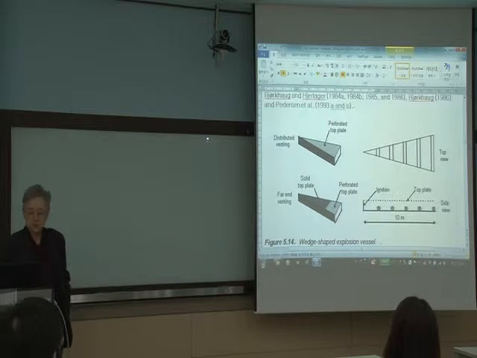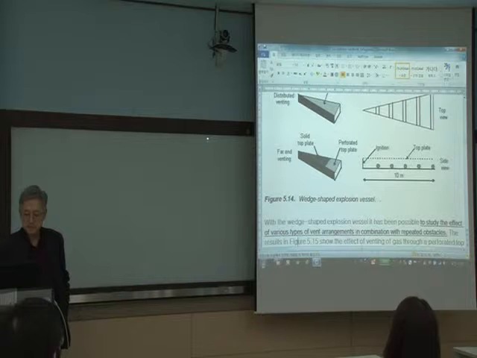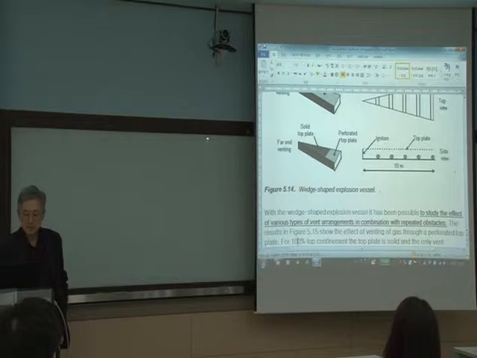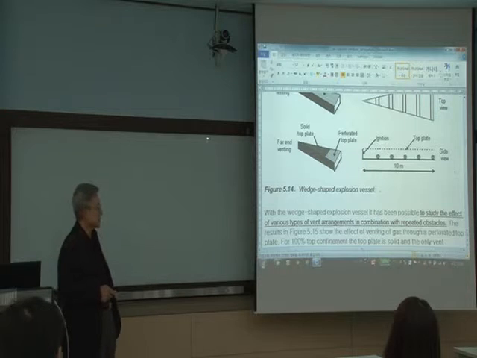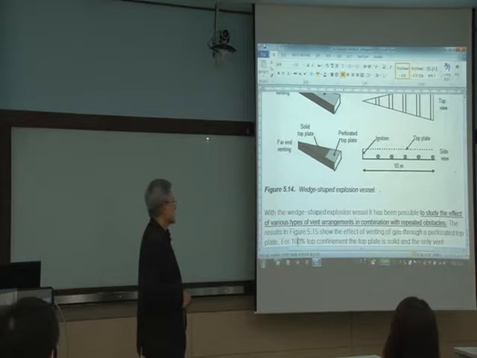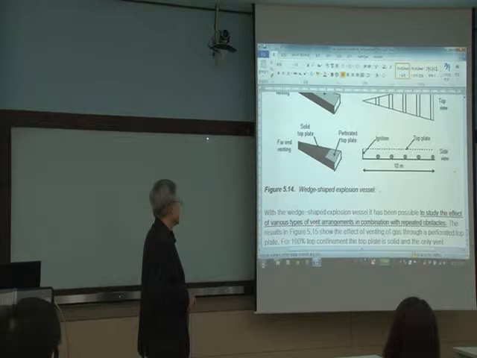First one is a tube type. And the purpose of this is again to study the effect of the various types of vent arrangement in combination with the repeated obstacle.